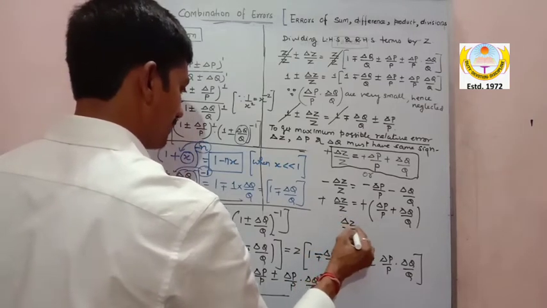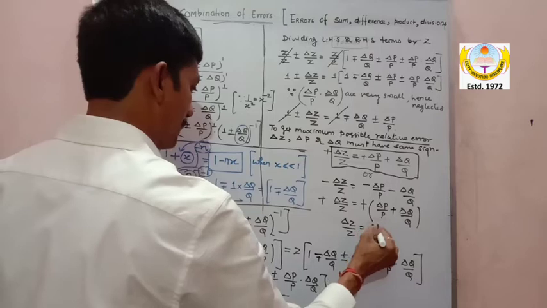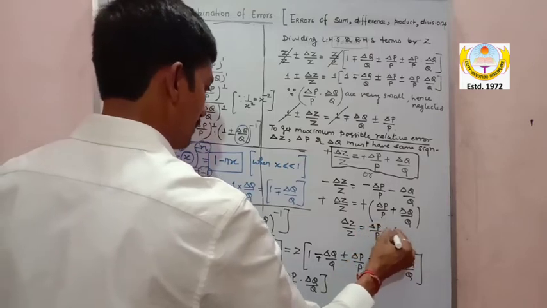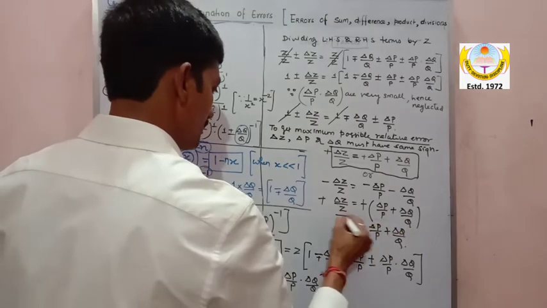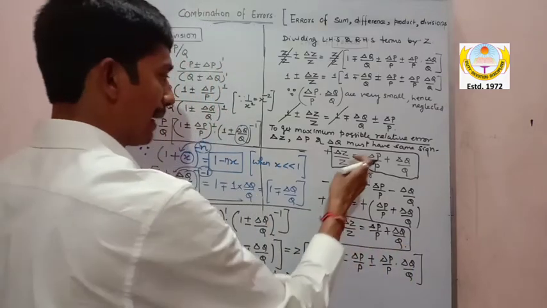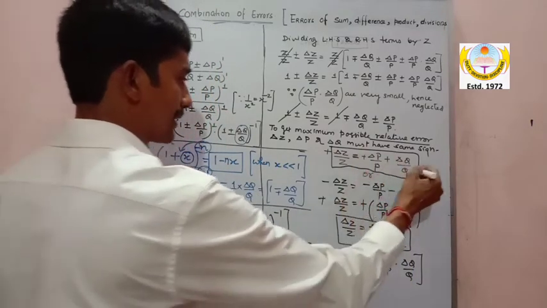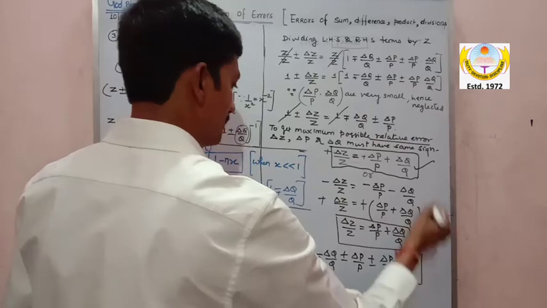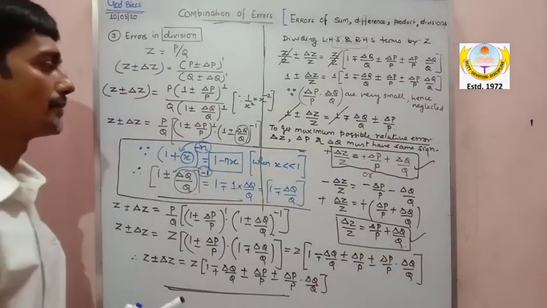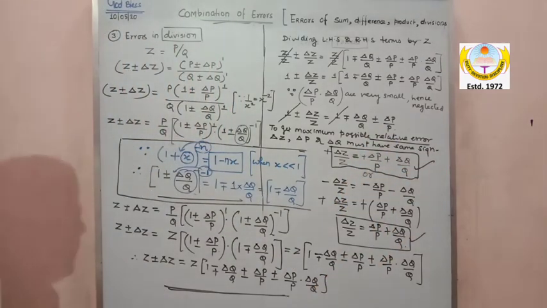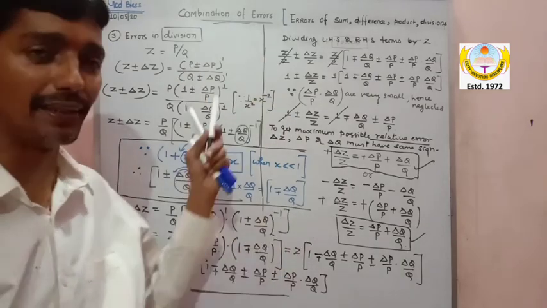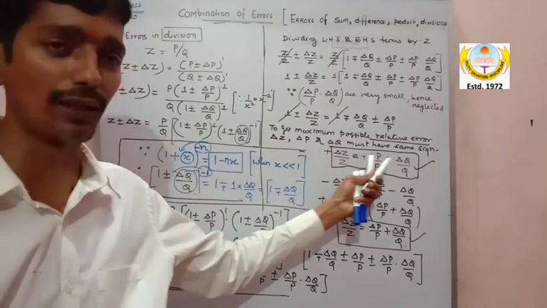Delta Z by Z is equal to delta P by P plus delta Q by Q. So I showed this answer either by keeping the minus sign or the plus sign. The answer remains the same. So this is the concept for division, my dear, and the answer is this only.